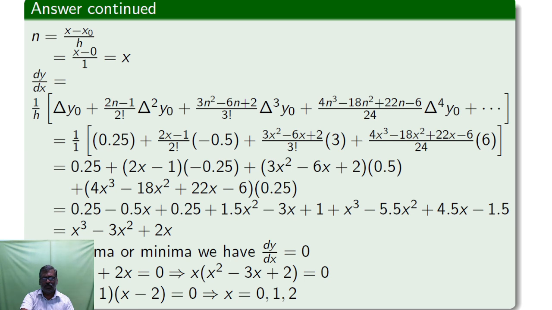We find the two numbers as minus 1 and minus 2, whose multiplication is 2 and addition is minus 3. So this will be written as x into (x minus 1)(x minus 2) equal to 0.